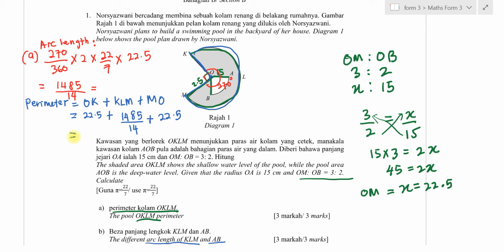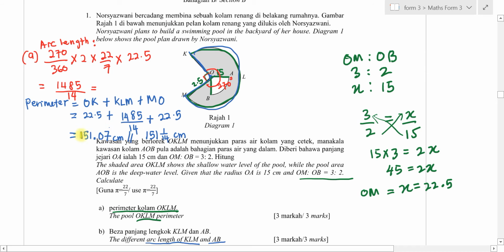Okay, 45 plus 1485 divide 14. So you should be getting 151.07 centimeter saja. Atau kamu juga boleh tulis 151 1 over 14 centimeter. This is your final answer for your part A.